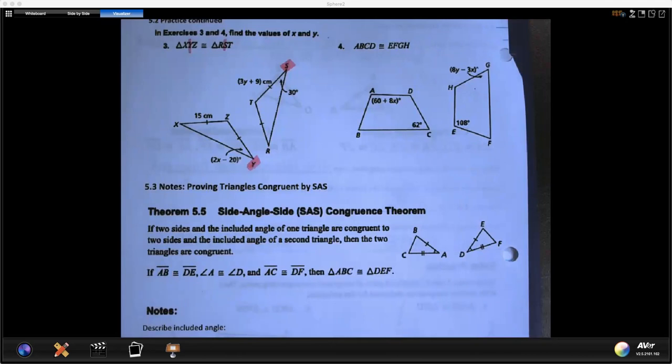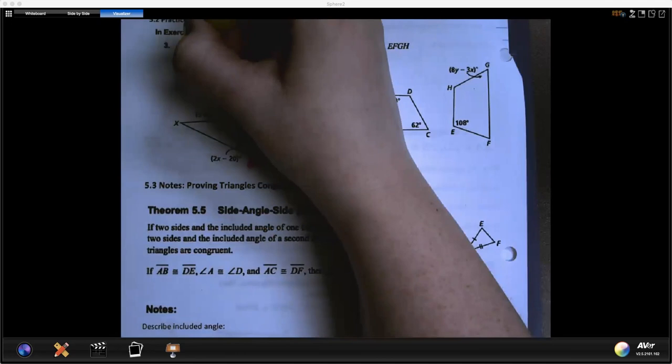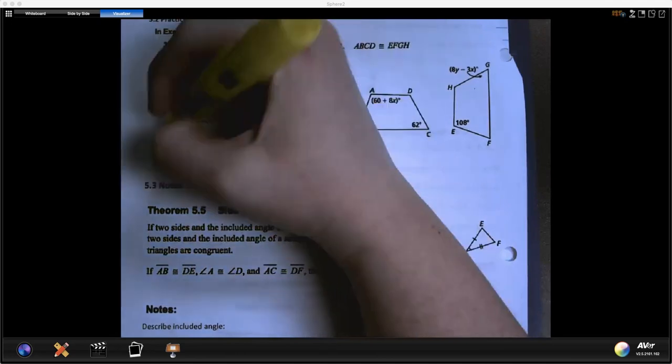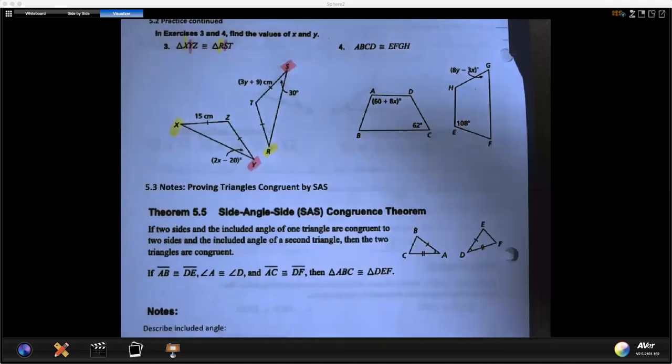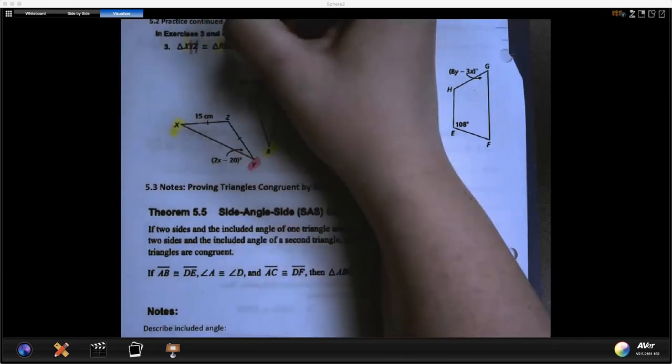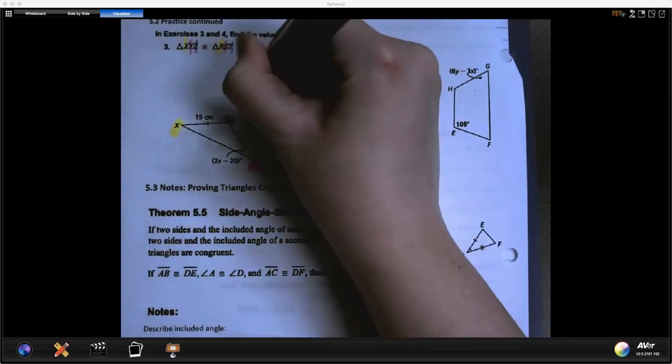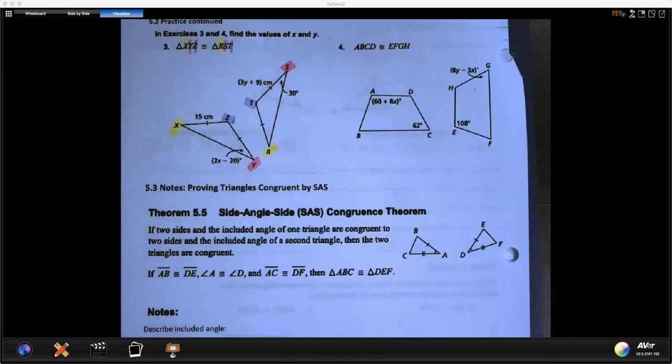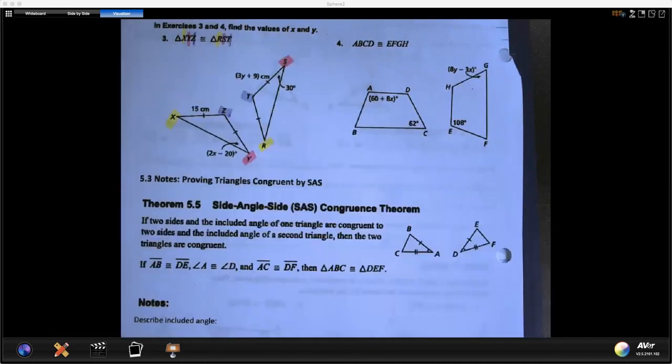So X is congruent with R, and Z and T. And this is helpful when it doesn't give you the angle measurements as being congruent, it's easier to visualize that these two are congruent, so that the shapes don't play tricks on your eyes and you can keep track of everything.